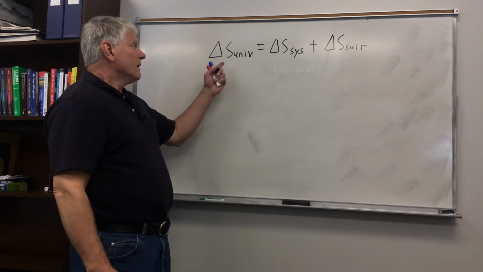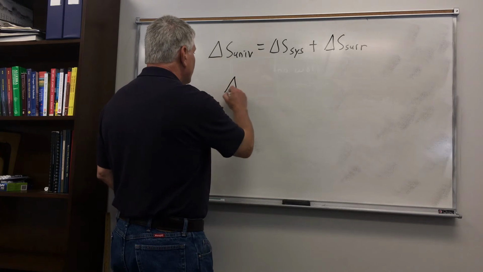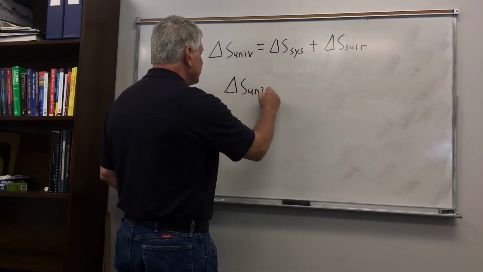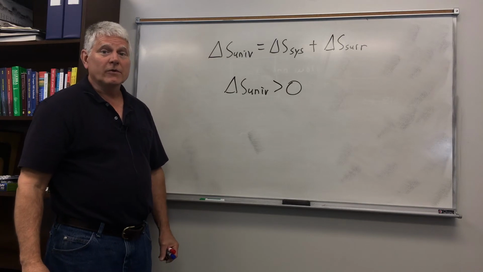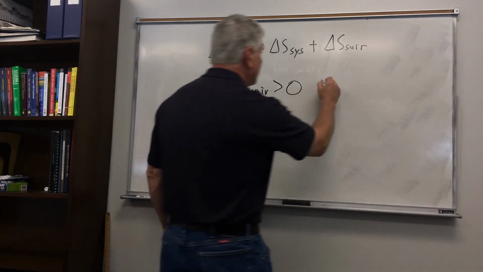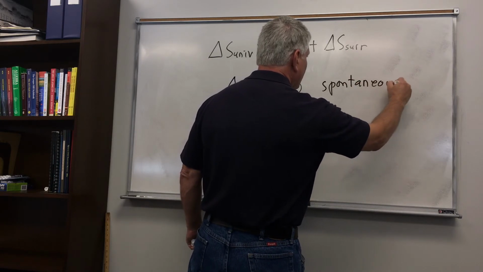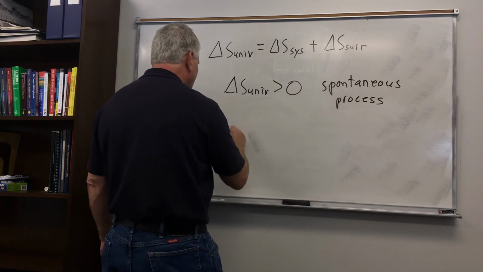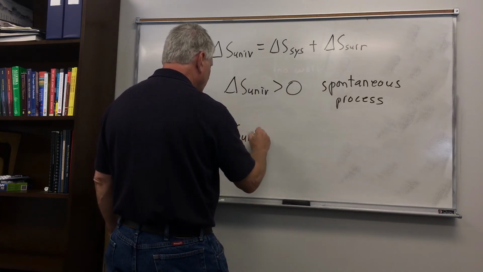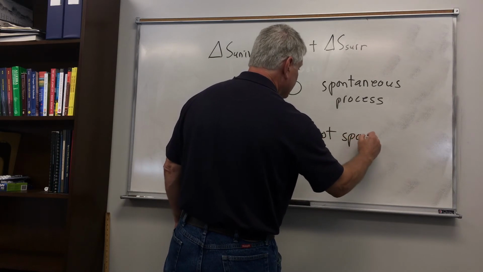And if we have a system that interacts with the surroundings, then in order for a process to be spontaneous, the entropy of the universe has to be positive. And if delta S of the universe is negative, it's not spontaneous.